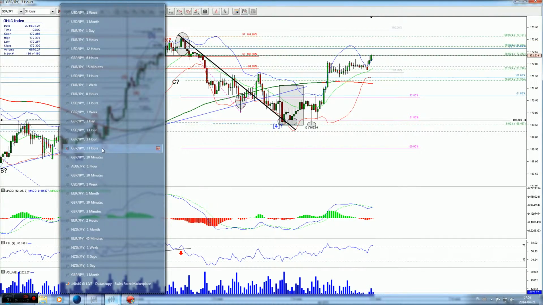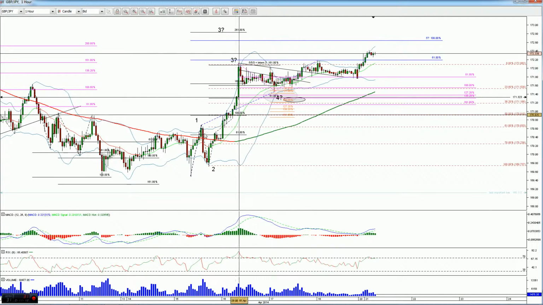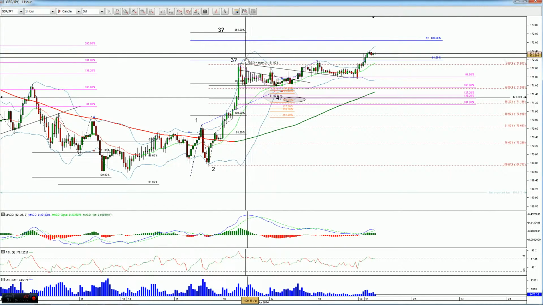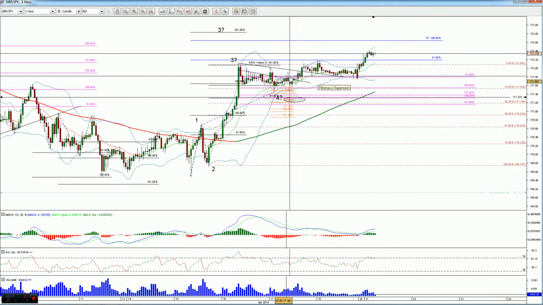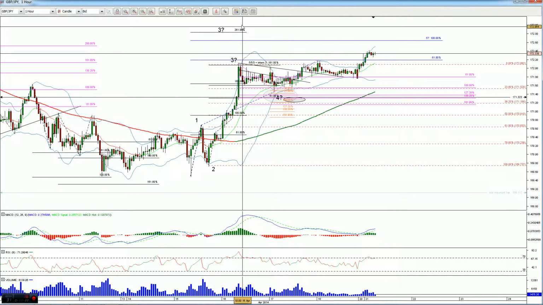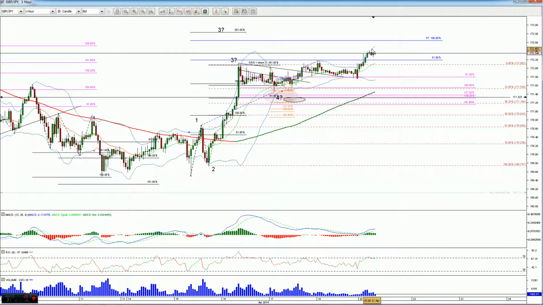Now let's have a look at the 1 hour chart. On this 1 hour chart, I have a 1, 2, 3. We had probably a 4, and the 5th started, and the 5th most probably made 1, 2, 3, 4, and this is the final 5th. Okay, and the market may try to reverse in this area.